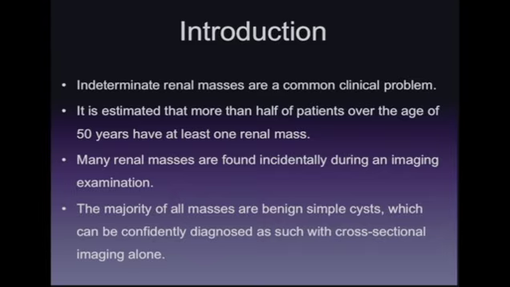Indeterminate renal masses are a common clinical problem. It is estimated that more than half of patients over the age of 50 have at least one renal mass. Many renal masses are found incidentally during an imaging examination. The majority of all masses are benign simple cysts, which can be confidently diagnosed as such with cross-sectional imaging alone.